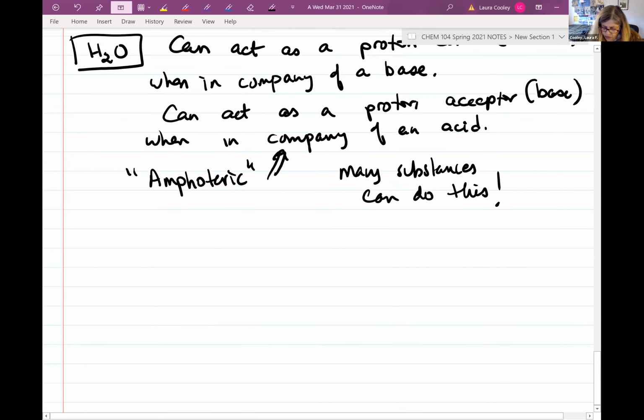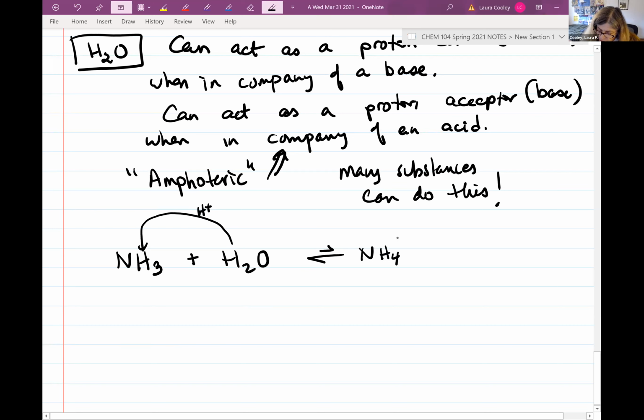Okay, so going back to ammonia, we had this chemical equation for ammonia reacting with water. We had this proton donation, H plus. The arrow here just indicates the direction of the proton. It doesn't go forward very much because ammonia is a weak base.